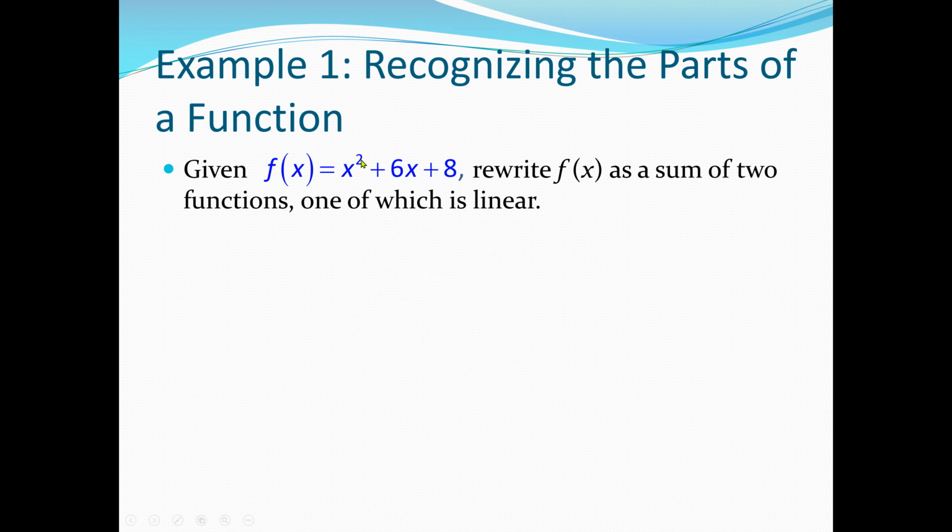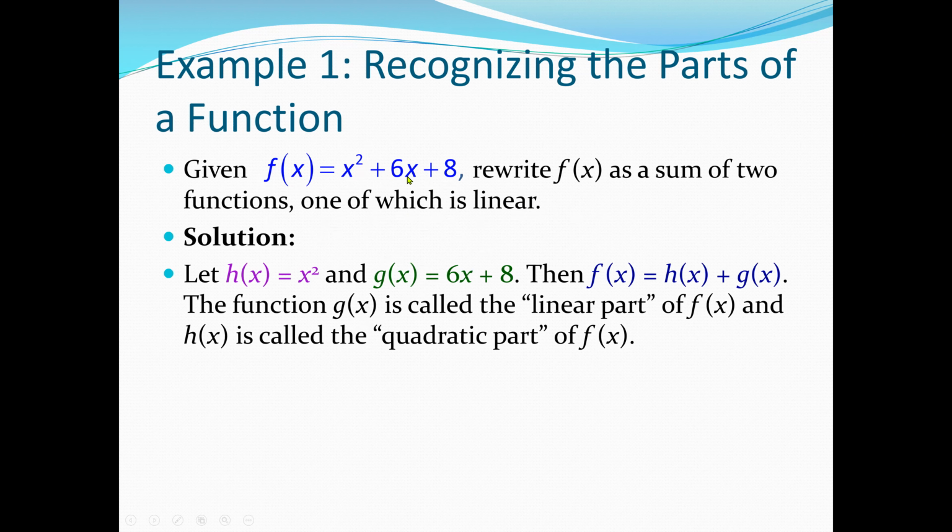Let's represent x squared as h at x, then 6x plus 8 as g at x. So we say h at x equal to x squared, then g at x equal to 6x plus 8. So 6x plus 8 will be a linear function because the highest exponent of the variable is 1.